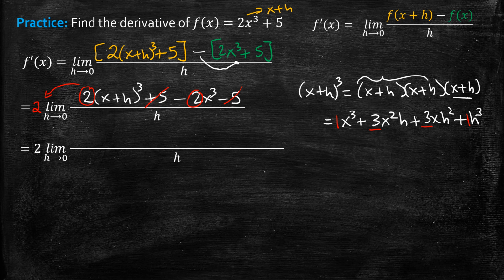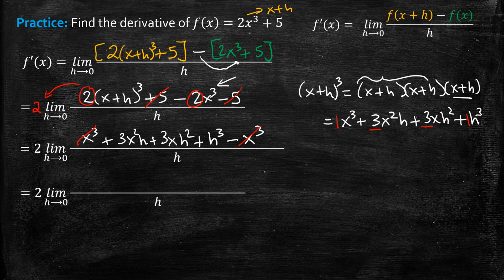So if we put this here, plus 3x squared h plus 3x h squared plus h cubed, that's just (x plus h) cubed. We mustn't forget, we've still got a minus x cubed here. Conveniently, the x cubes cancel, and that's important because they don't have a factor of h in them, which will make sense when we get to the next step.